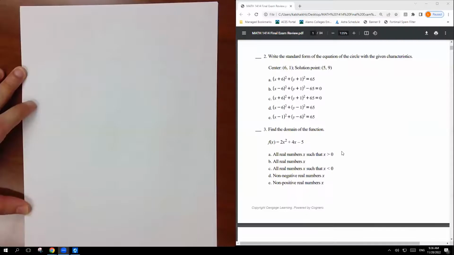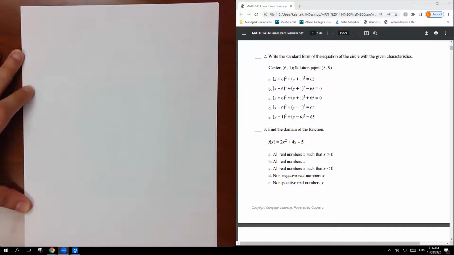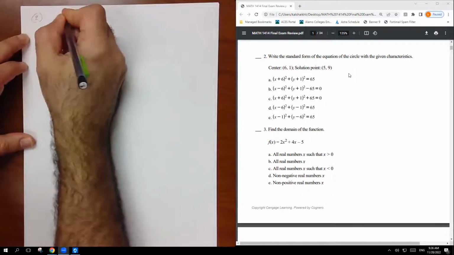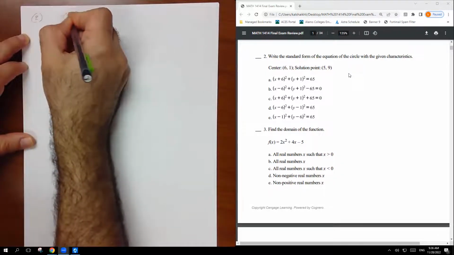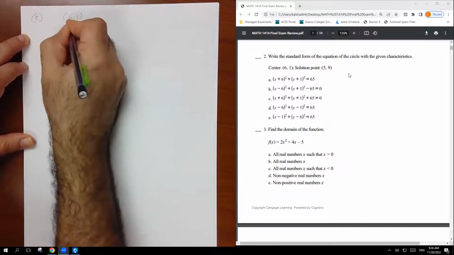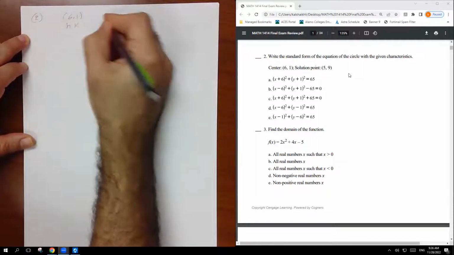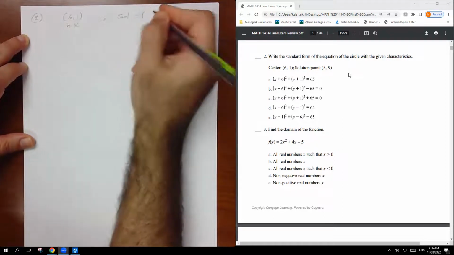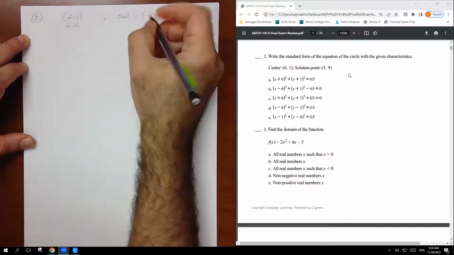For number 2, we have the center (6, 1) and the solution point (5, 9). So for the second one, we have the center (6, 1). That means this is h, and here's k. And we have the solution point, which is (5, 9).